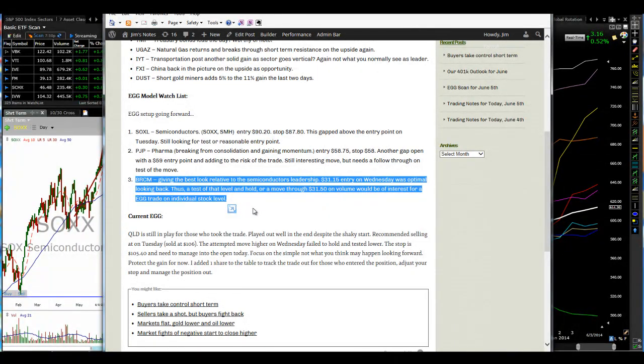If you looked at that on Wednesday, it didn't hit the entry on Wednesday, but Thursday it did hit the entry point, and Friday it actually went up a little bit, and then Monday, Tuesday, and Wednesday of this week it's actually catapulted up about 15%.